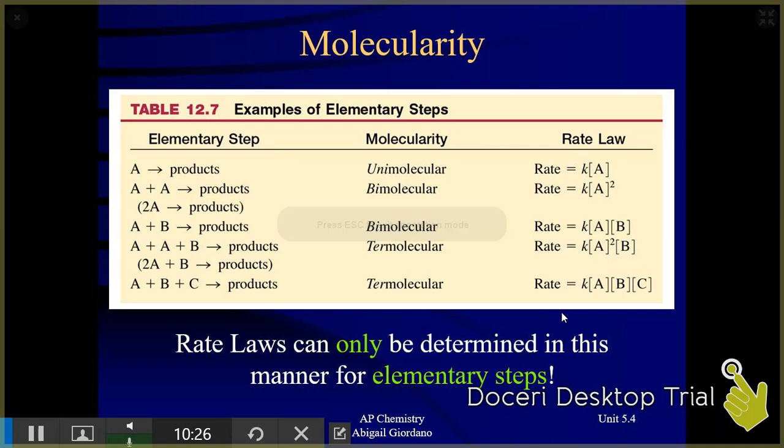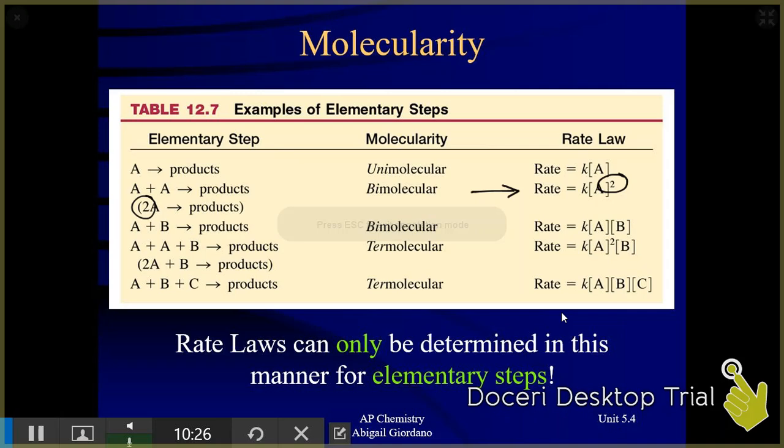Let's just look at this one as an example. For an elementary step only, ladies and gentlemen, you can use the coefficient and turn it into the exponent. You cannot do that with overall reactions. Overall reactions, you either need a table of data or you need a graph.